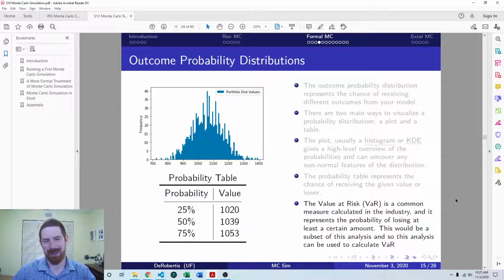Usually, most commonly, you look at the 90, 95, or 99% percentiles. So if you need to calculate the VaR from a Monte Carlo simulation, look no further than the probability table. There are other ways to calculate VaR in other situations, but it's getting at the same concept as this probability table.